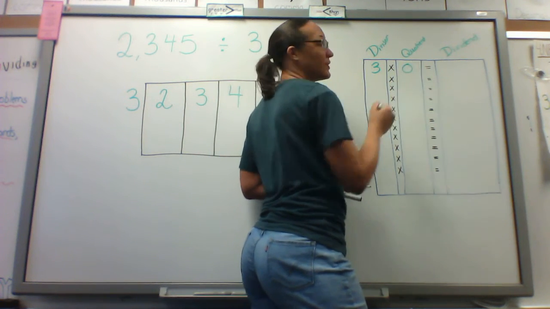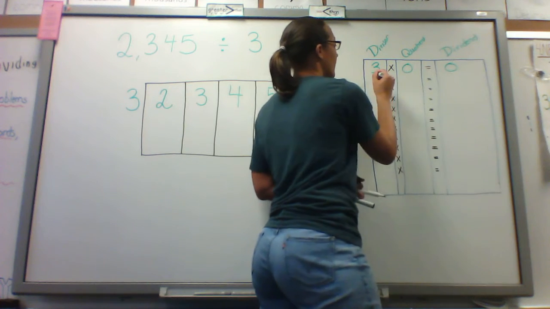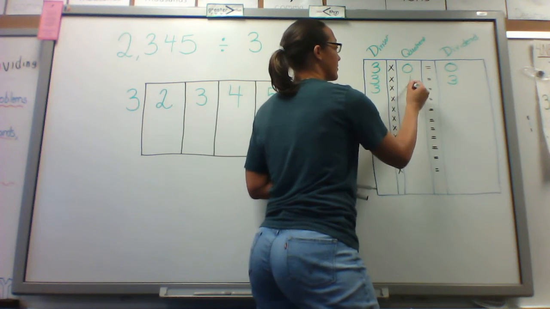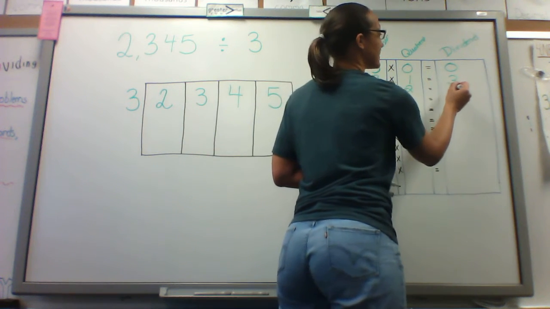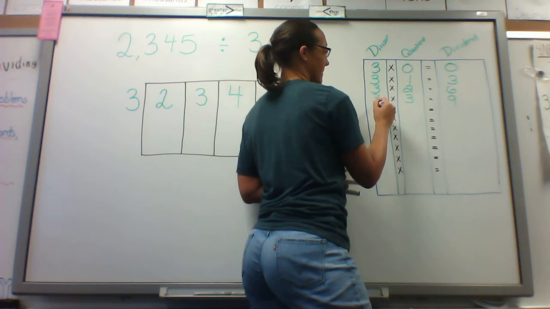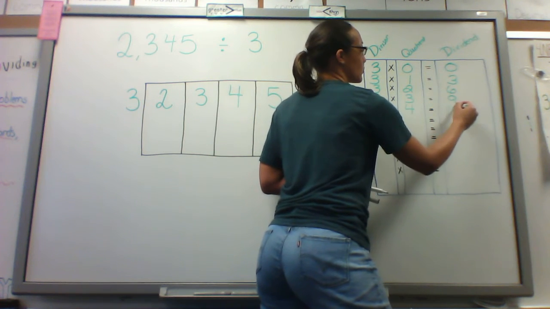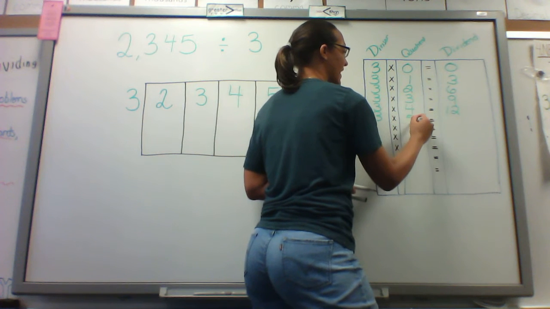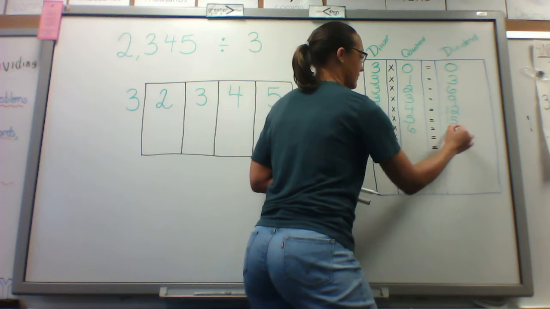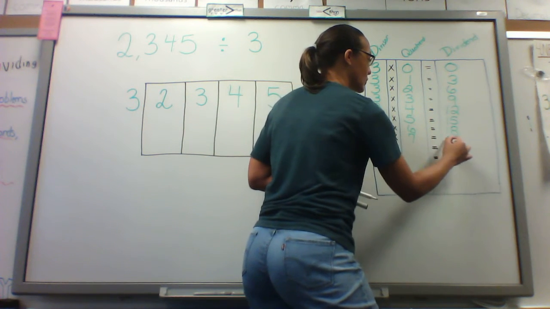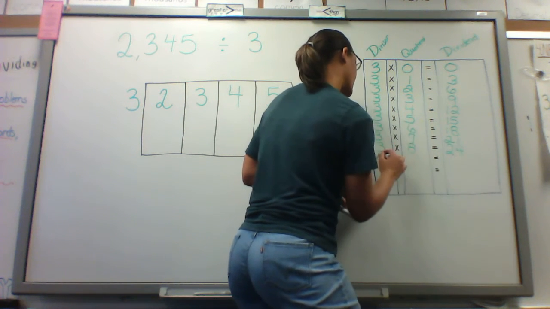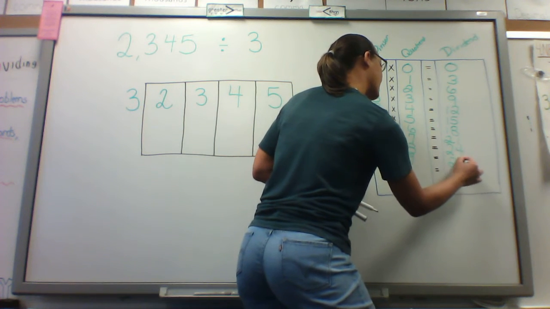3 times 0 equals 0. 3 times 1 equals 3. 3 times 2 equals 6. 3 times 3 equals 9. 3 times 4 equals 12. 3 times 5 equals 15. 3 times 6 equals 18. 3 times 7 equals 21. 3 times 8 equals 24. 3 times 9 equals 27.